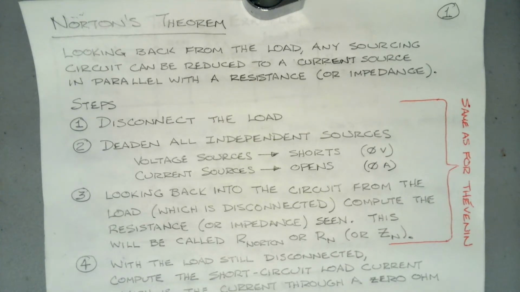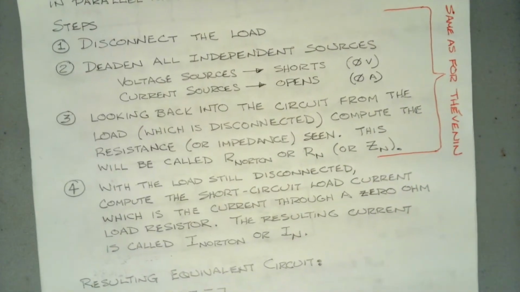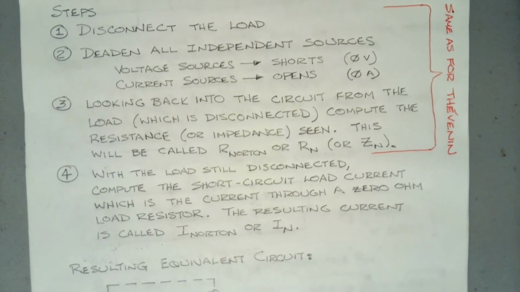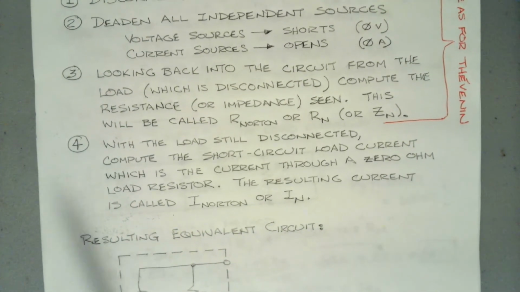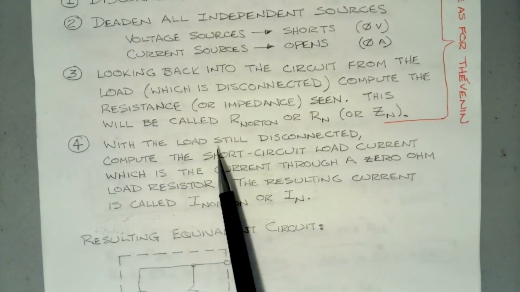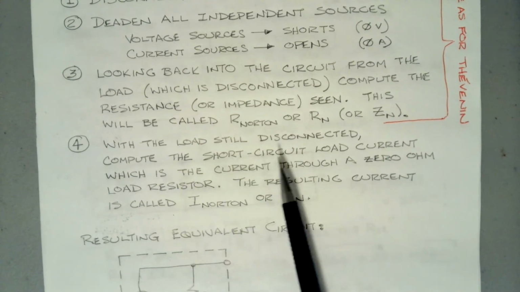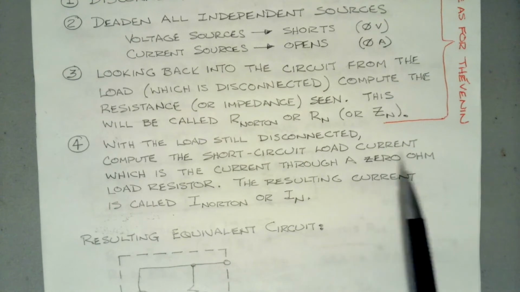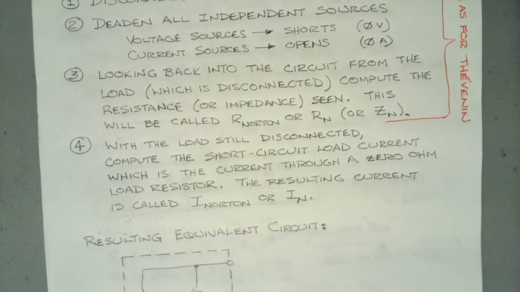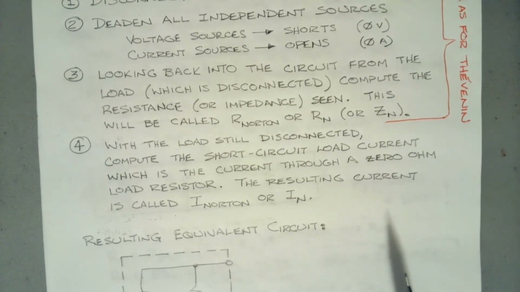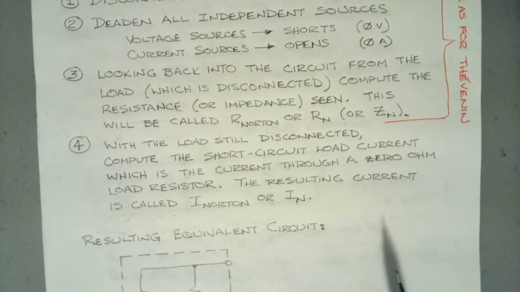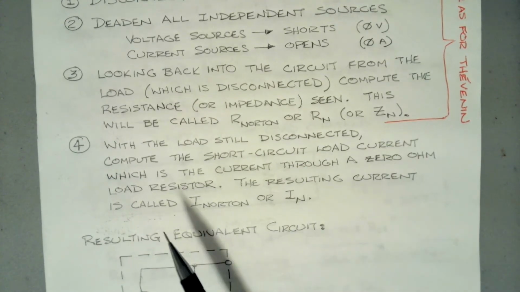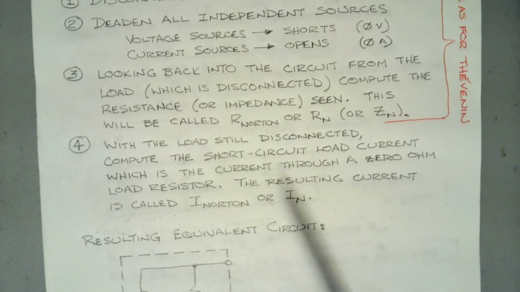What differs is that, with the load still disconnected, we compute the short circuit load current, which is the current through a 0 ohm load resistor. In other words, we replace the load with a short circuit and compute the current through that short circuit. The resulting current is called I Norton, or I sub n.